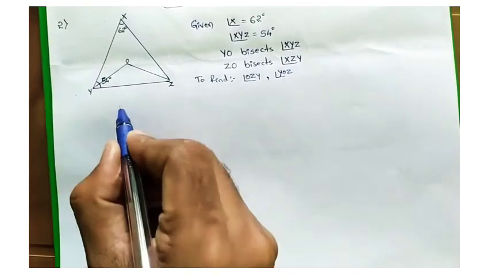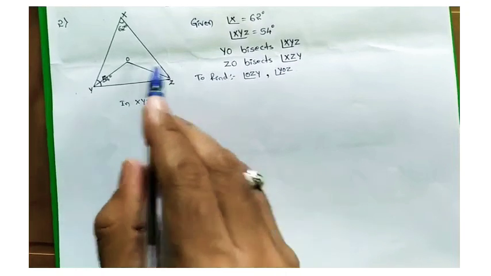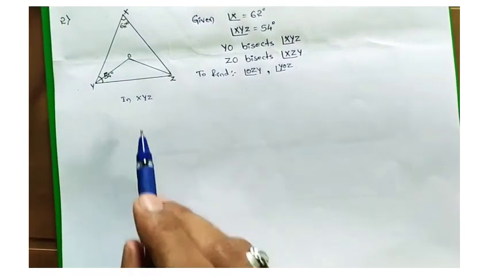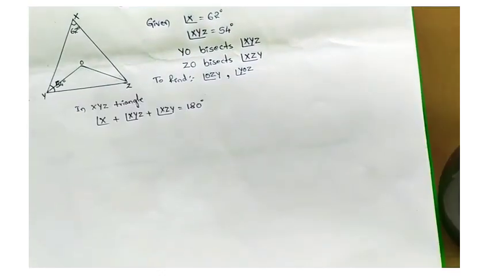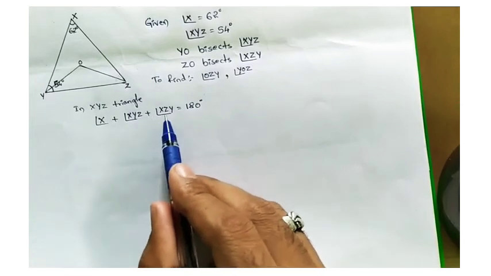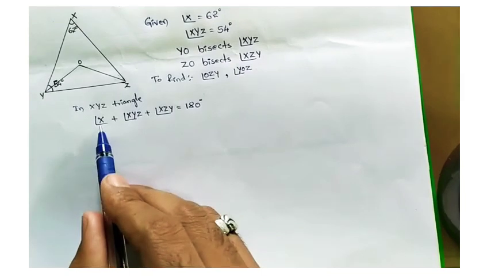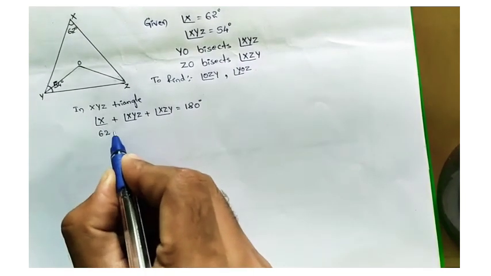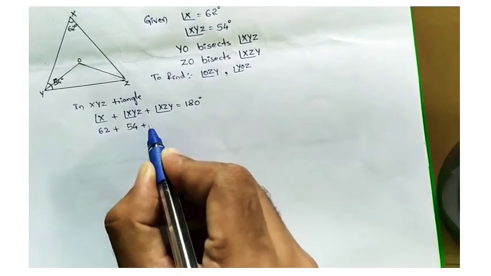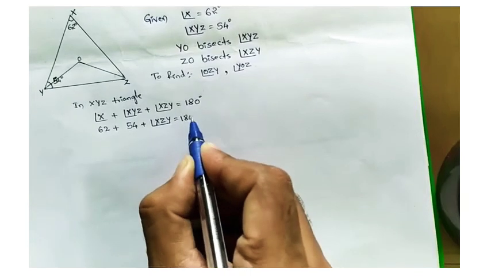XZY. How? See here in triangle XYZ, if you add all three angles, that is the angle sum property of a triangle, it will be 180 degrees. First you write it. So angle X plus angle XYZ plus angle XZY equal to 180 degrees. Substitute the values. X is 62 degrees plus XYZ is 54 degrees plus we don't know XZY, keep it like that, equal to 180 degrees.